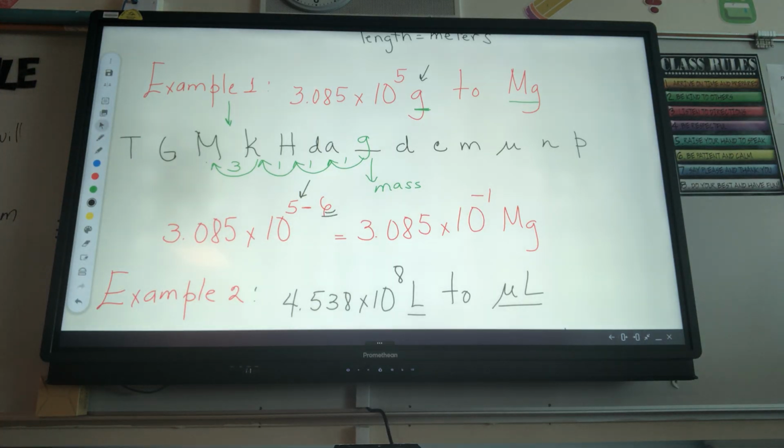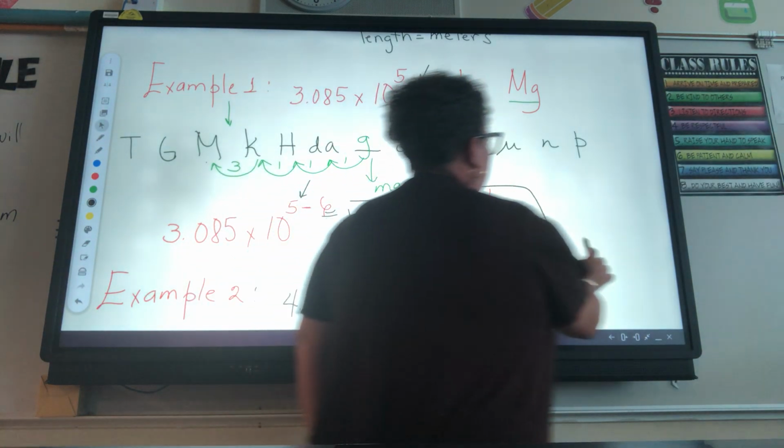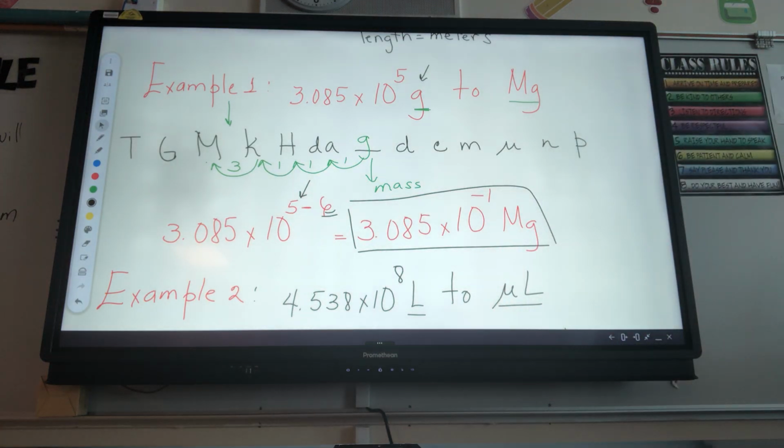Is that difficult? No. Look at the final answer. The only thing that you're doing is working with the exponent in the power of 10. This is just the beginning. Foundation.